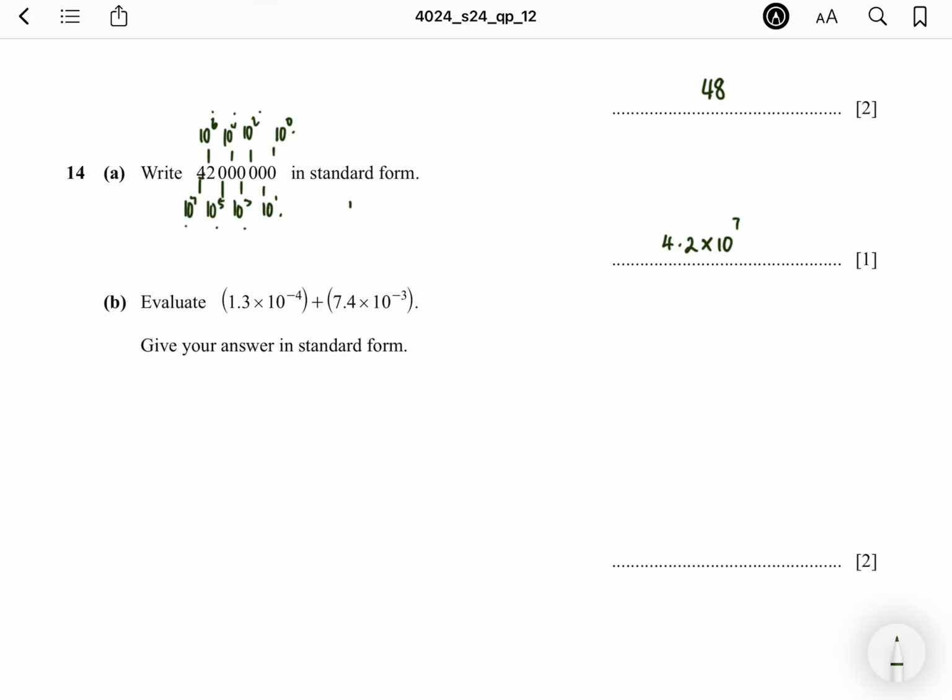So I look at the place value. So I look at the index sana is -3, -4. So place value besides 10 to the power of 0, which is ones, after the decimal point is the 10th, right? And the 10th is equivalent to 10 to the power of... Kan?